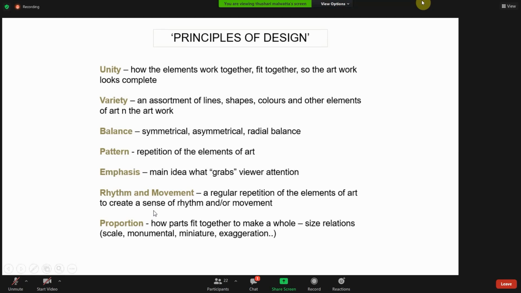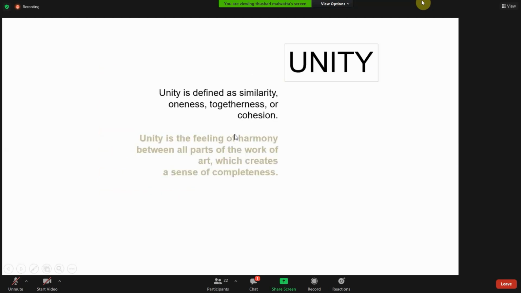There are a lot of words used to explain these principles of design, and these are not all the principles of design. There are a lot more, but I'm going to explain these since these are the major ones, and there are a few subcategories in these principles also.